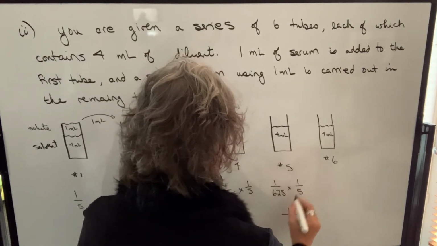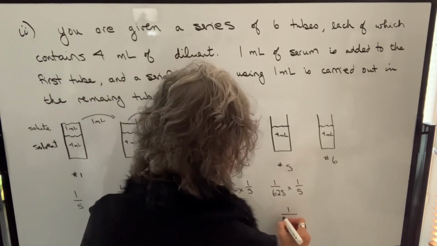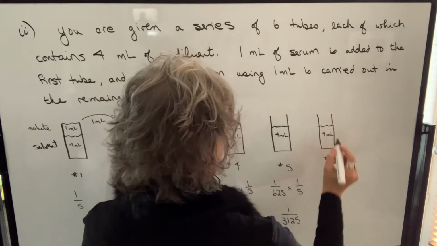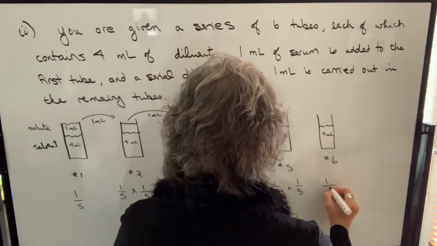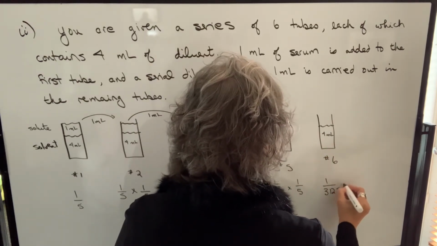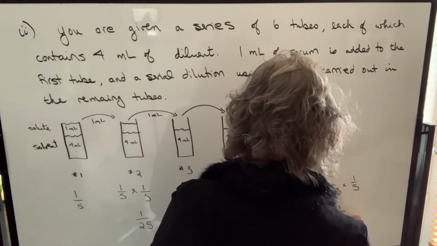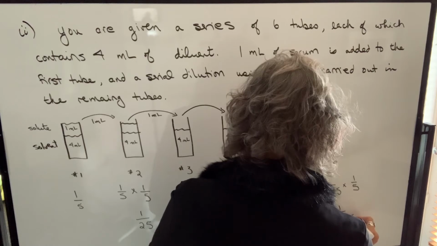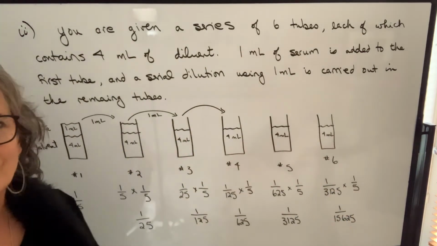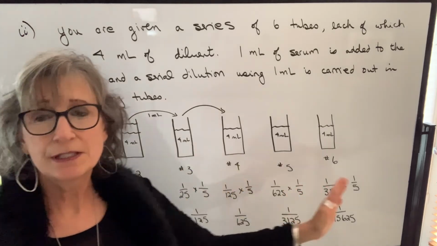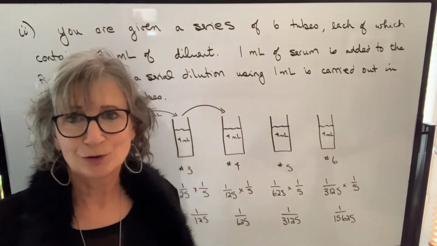And that gives me a dilution factor of 1 to 3,125. Same thing for number 6. So now we know the dilution factor of each of these tubes as we carry out a series dilution.